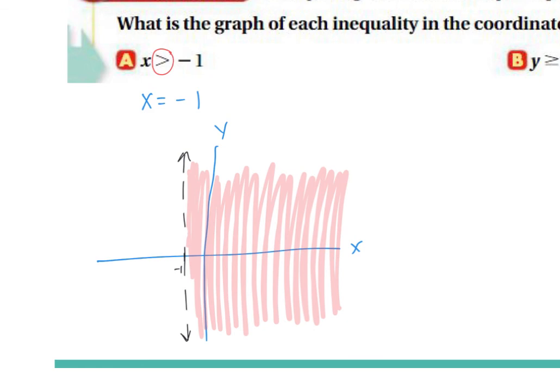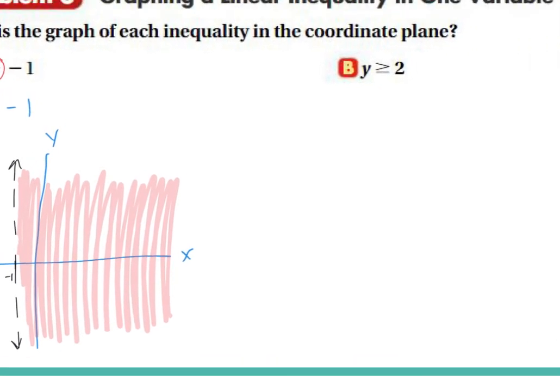Okay. And lastly, we've got B, which is y is greater than or equal to 2. So y equals 2. Always replace that inequality with an equal sign to begin with. Here's our x, here's our y.